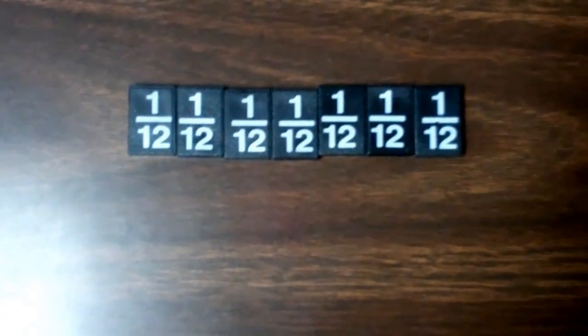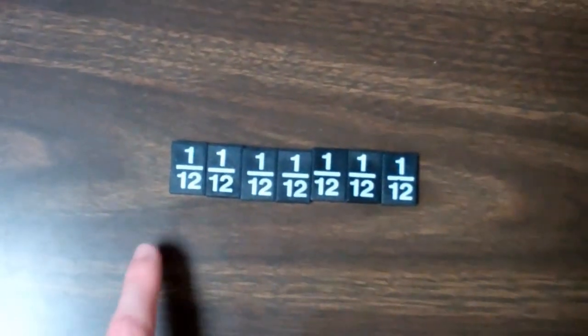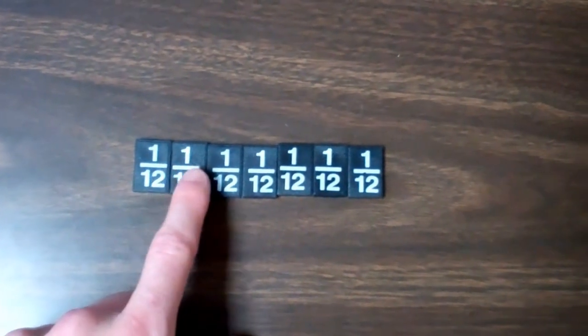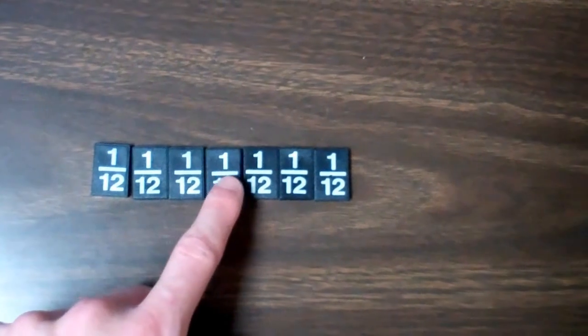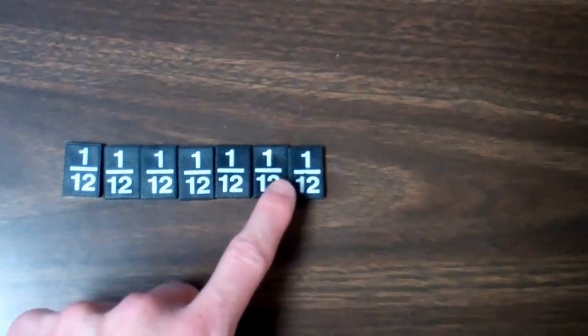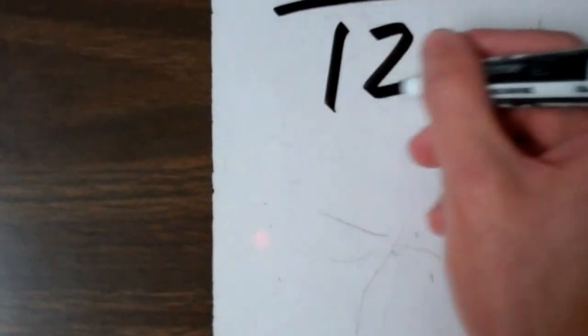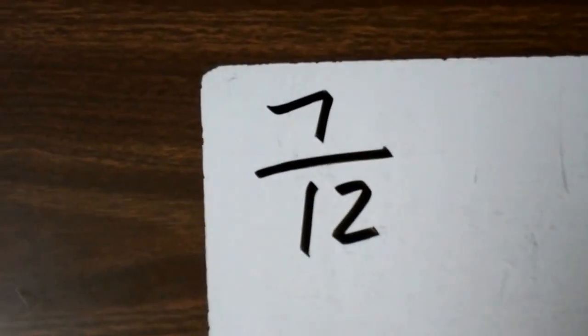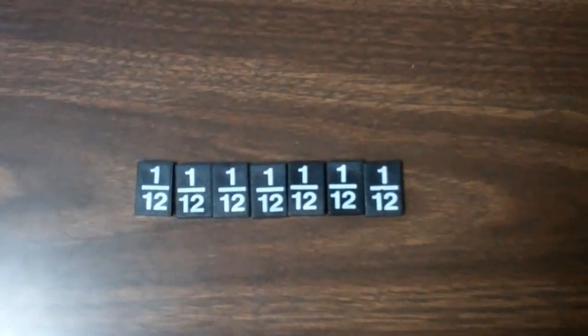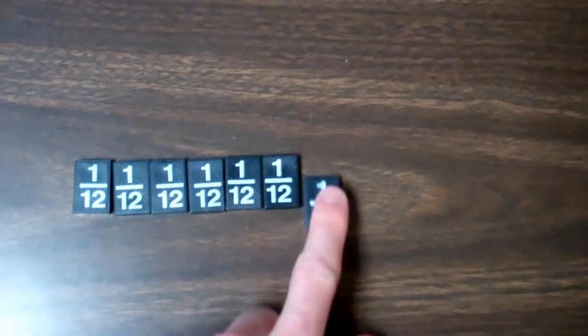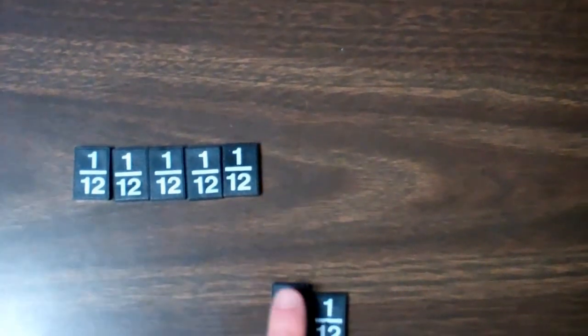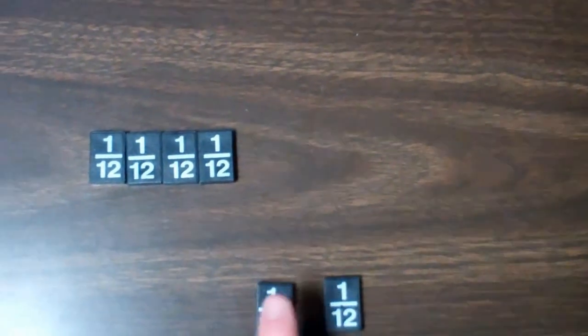In the last example, we talked about adding fractions. Here, we're going to subtract fractions. Let's count how many twelfths we have. 1, 2, 3, 4, 5, 6, 7 twelfths. Let's write 7 twelfths. Now to that 7 twelfths, let's take away 3 twelfths. 1, 2, 3 twelfths.